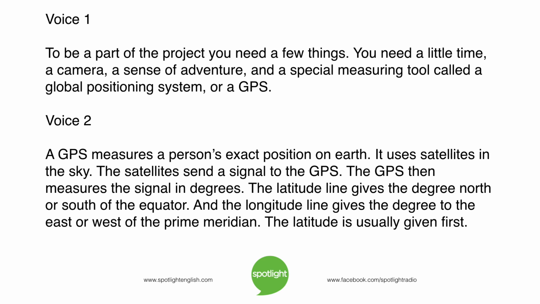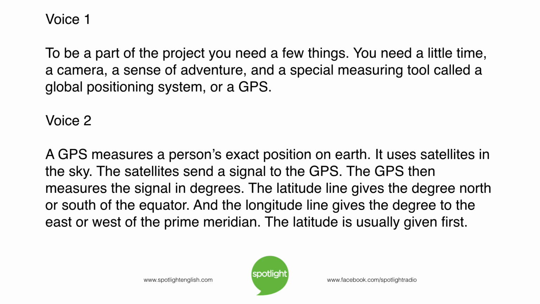To be a part of the project, you need a few things. You need a little time, a camera, a sense of adventure, and a special measuring tool called a Global Positioning System, or a GPS.